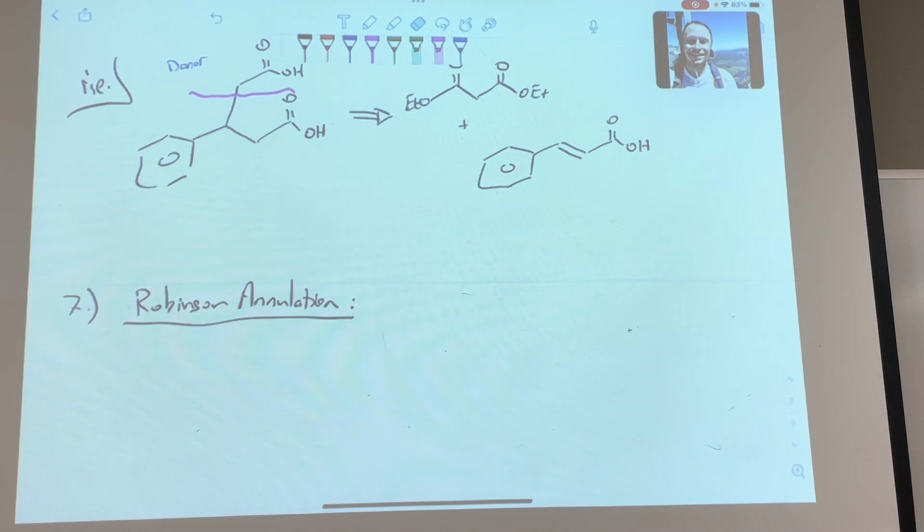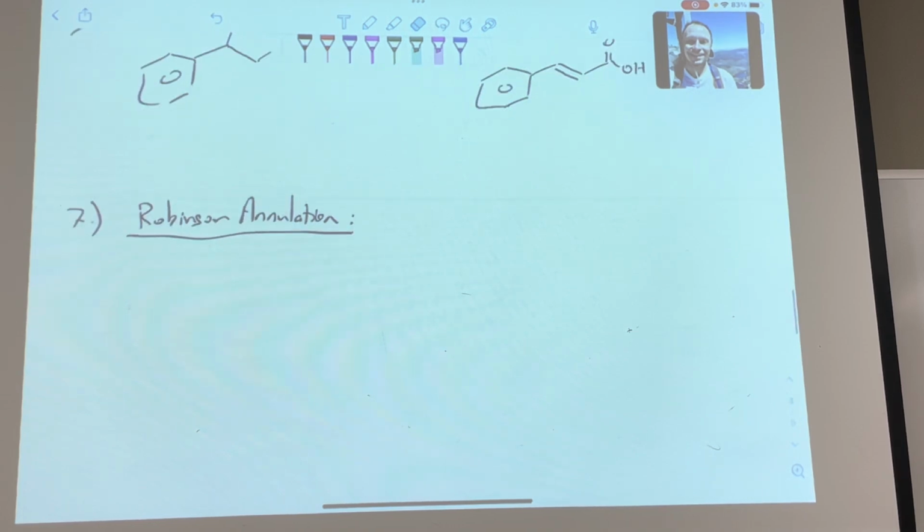And animals just don't make a whole lot of this stuff, right? And so if you wanted enough quantity to do all of these biological studies on the steroid hormones, you really had to synthesize them in the lab. And that is where the Robinson annulation found a lot of use in that time frame, in the total synthesis of these steroid hormones.